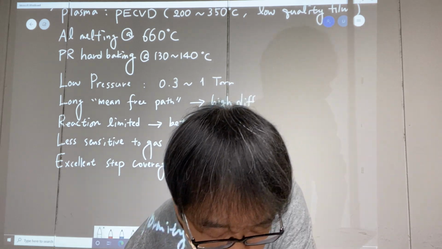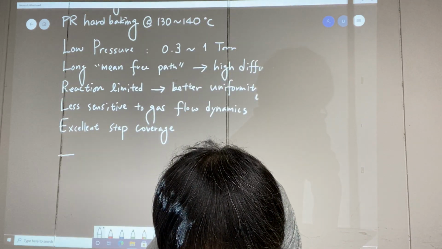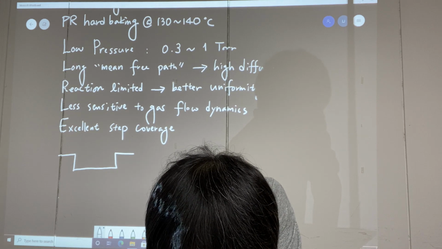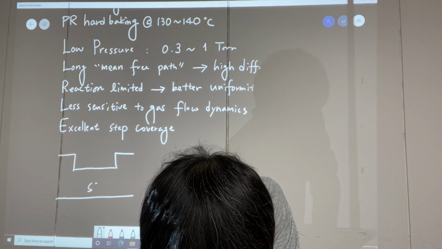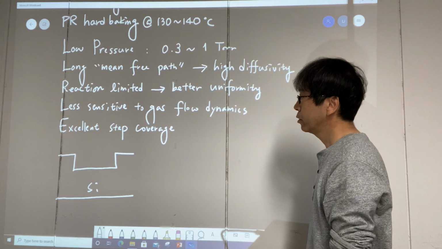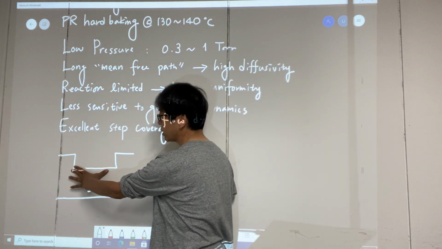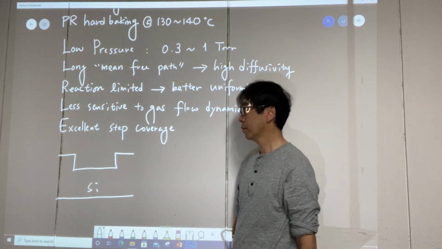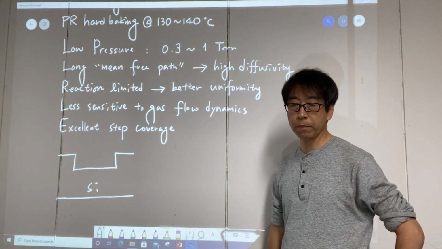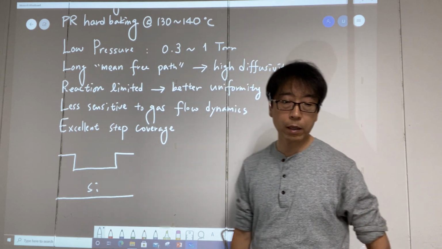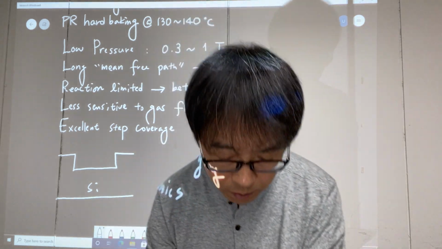For instance, if you have a silicon etched structure, let's say you have a silicon wafer and you etch down into the silicon wafer with something like a channel, for example, here. And you'd like to cover the whole area, but step coverage is not good.